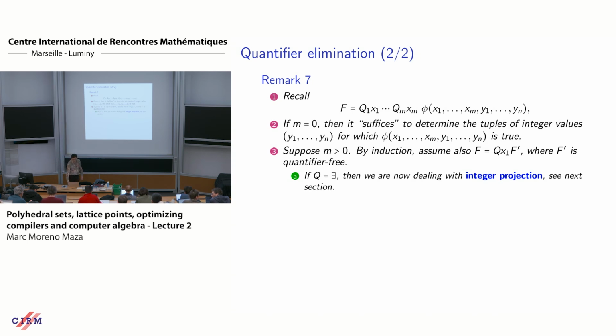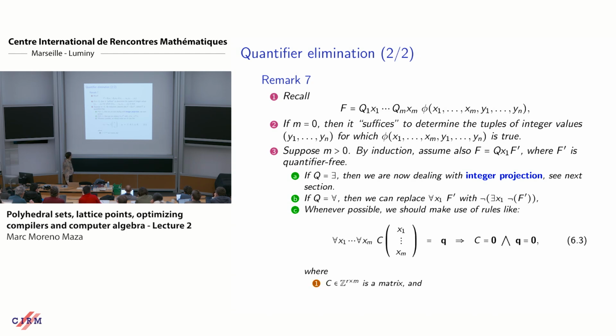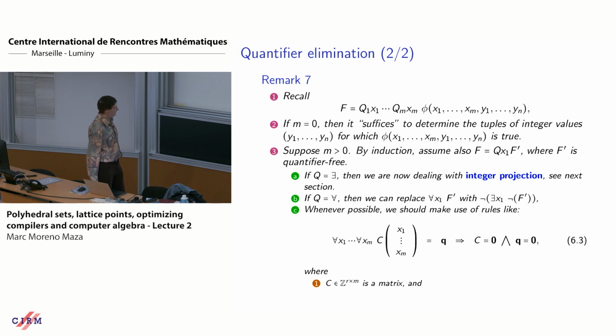If the quantifier is for all, then I can reduce to the existential case by De Morgan's law, or by double negation. But in practice, as much as possible, I should avoid that, because this is how computations will explode. So as much as possible, we should apply tricks or rules, something like this: if I have for all x1, ..., xn, c times that vector equals q, then c and q must be 0.